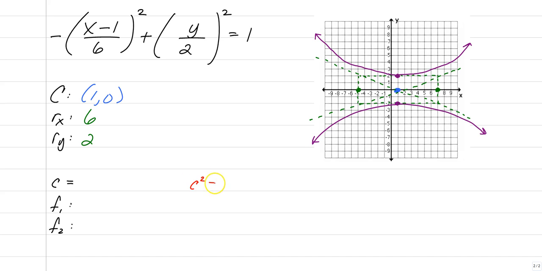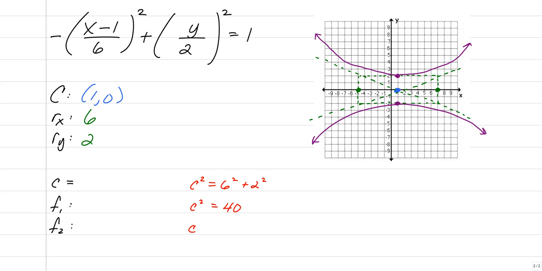So we have c squared is equal to 6 squared plus 2 squared. So c squared is equal to 36 plus 4, which is 40. So then c is equal to the square root of 40, also known as 2 root 10. But for graphing purposes, it's really difficult to graph a radical.